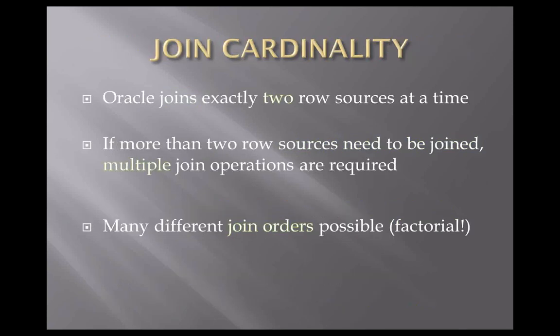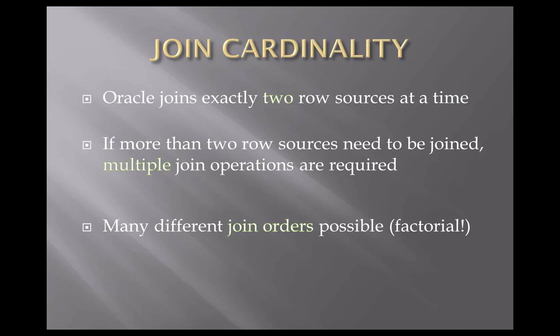Okay, so the second point about the how many rows questions is the join cardinality that I would like to cover, and here are just a few important points about joins. The first important point about joins in Oracle and probably most other relational database systems is that it joins at most 2 row sources at a time.